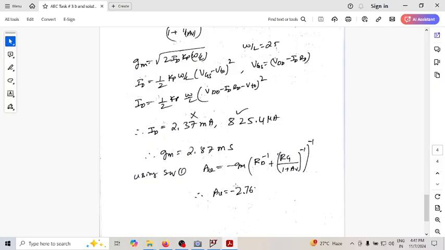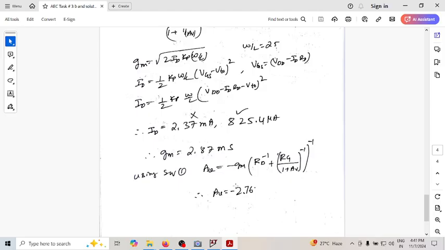Alpha equals, how much is gm? gm is actually 2.87, multiplied by RD inverse, 1 exponential 3 inverse, plus Rg, which is 100 exponential 3, divided by 1 plus alpha A inverse, close another inverse.